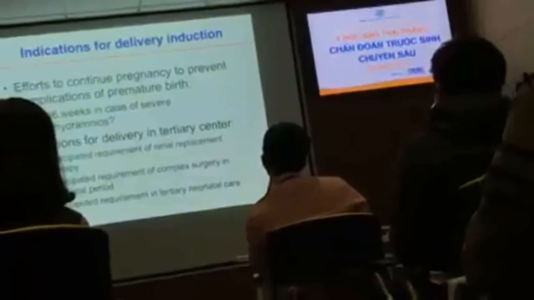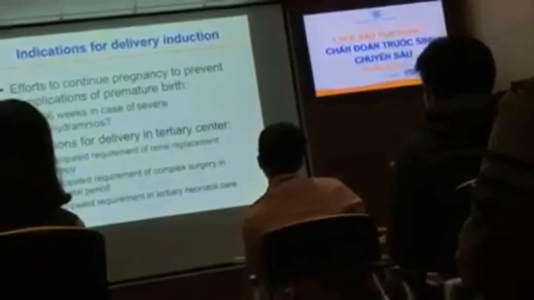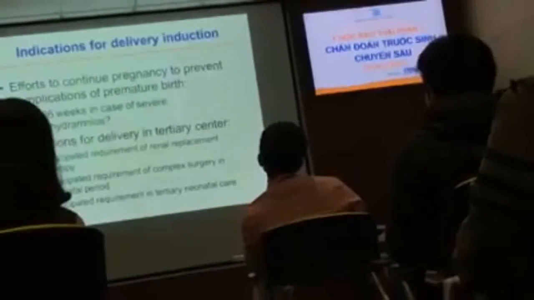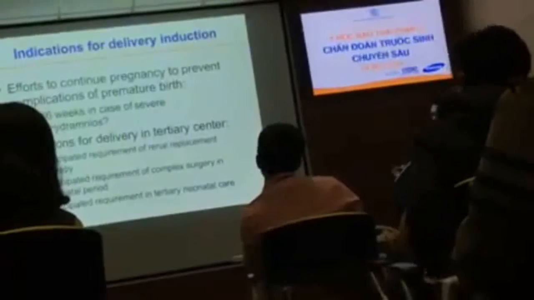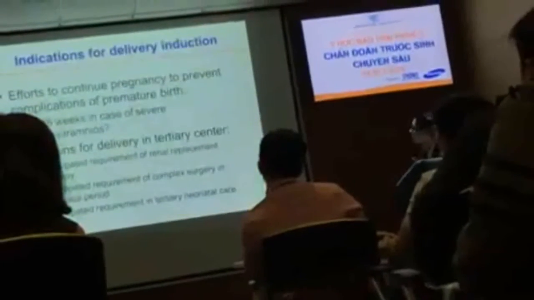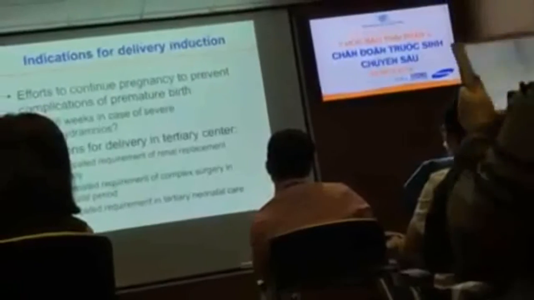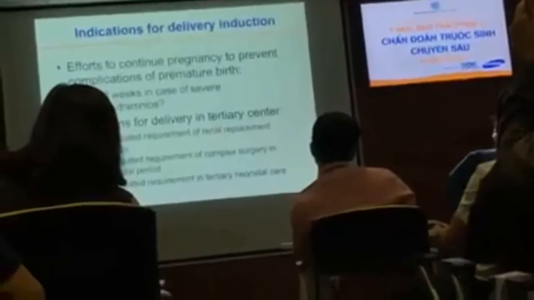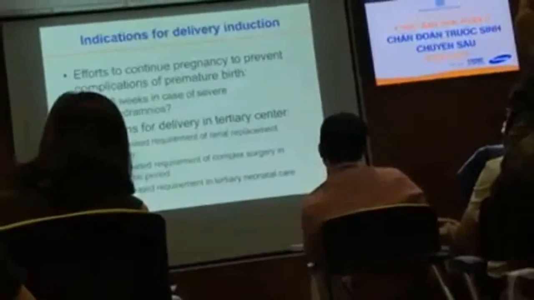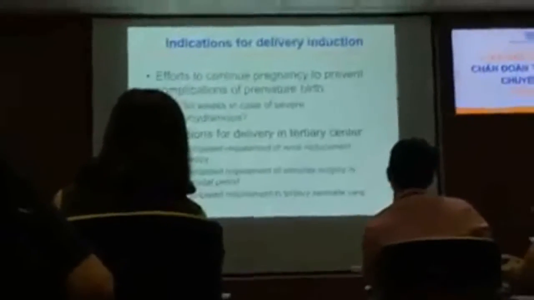It is like the others I mentioned this morning: every kind of congenital anomaly baby needs to be delivered in a tertiary center with a pediatric surgeon ready to back you up, especially if the kidney needs renal replacement therapy immediately after birth, and also for complex surgery in the neonatal period.